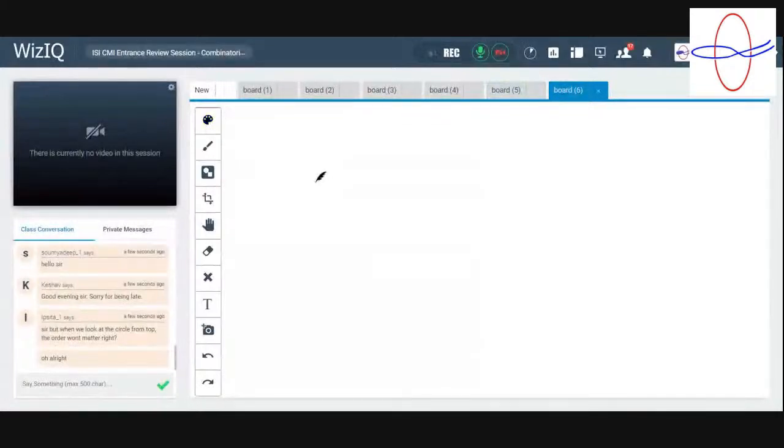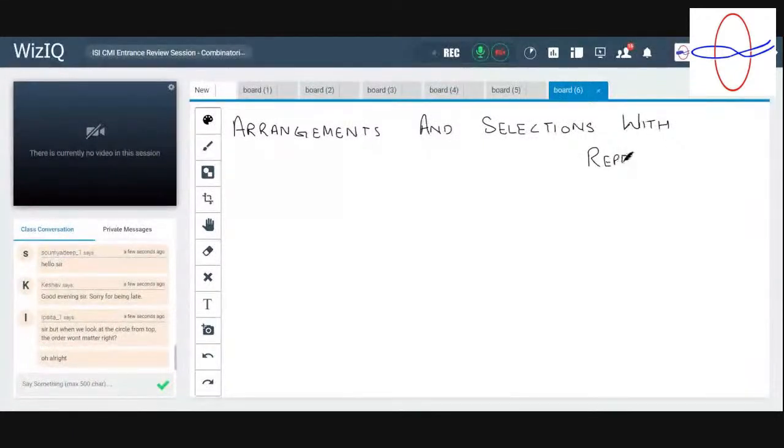Now some standard formulas that you should remember. So first let's look at arrangements and selections with repetition. So by repetition, I mean my objects are not all distinct.